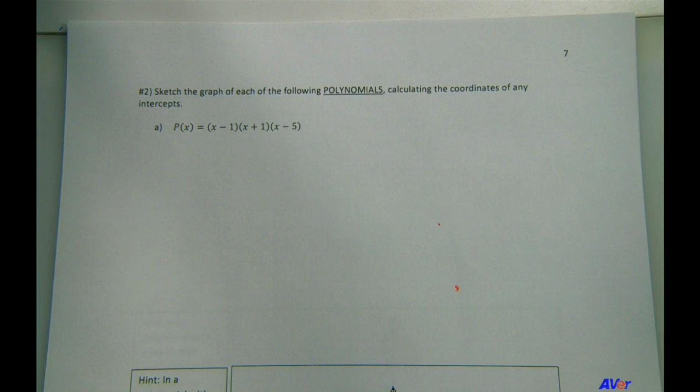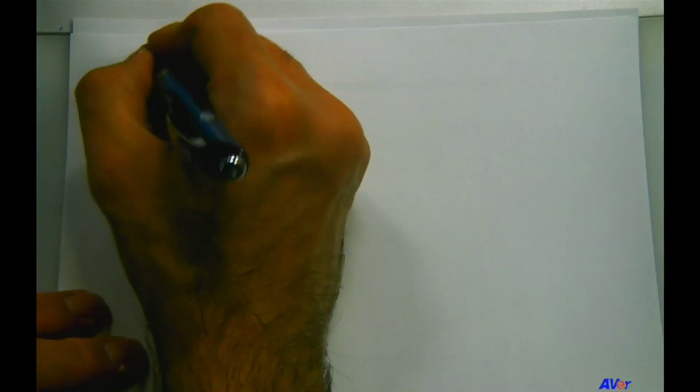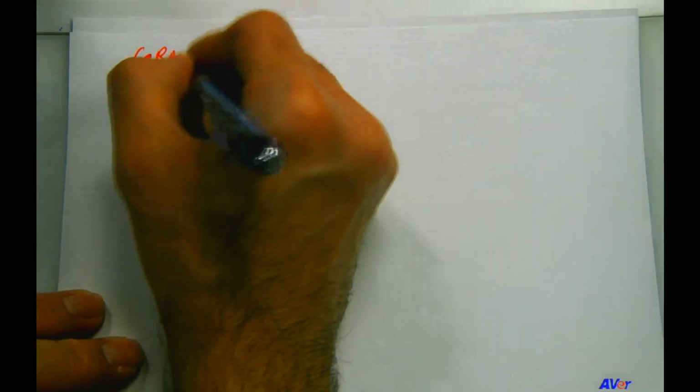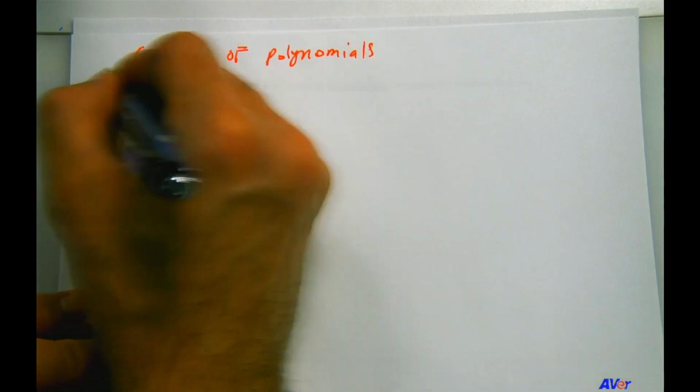Because of that, I need to say a few words before we can move forward with the rest of this lecture. So with polynomials, let me title this as graphs of polynomials. Okay, this is very important.